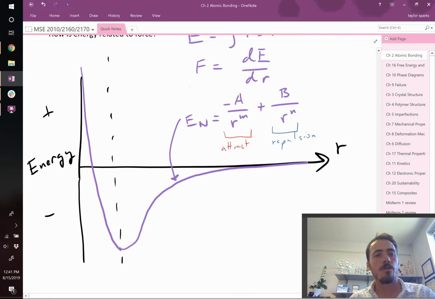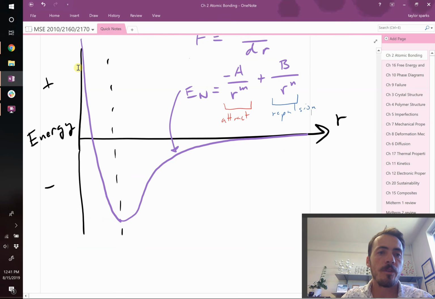So the overall energy is going to be a combination of these two things. But this sort of curve, we call this the potential energy well, because it's sort of spherical, as if it was like a well that could hold water.